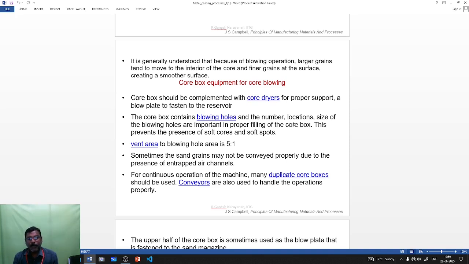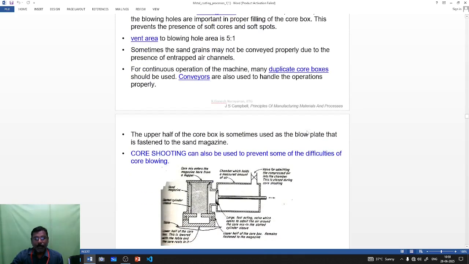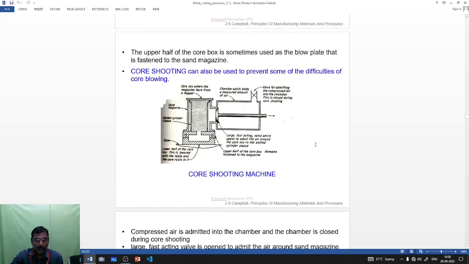For continuous operation of the machine, many vents are used for greater porosity. The upper half of the core box is sometimes used with the blow plate that is fastened to the sand magazine.